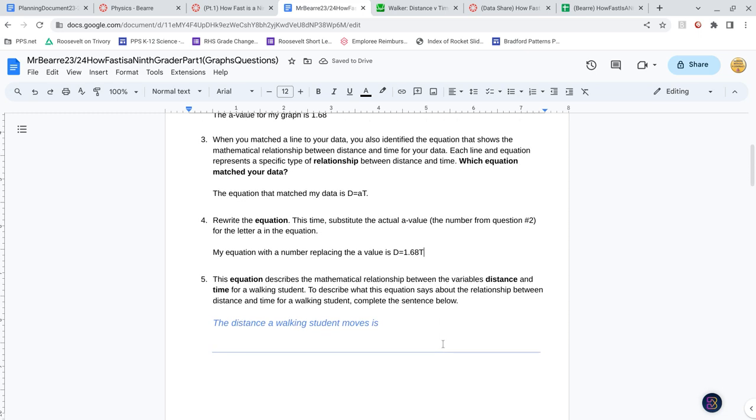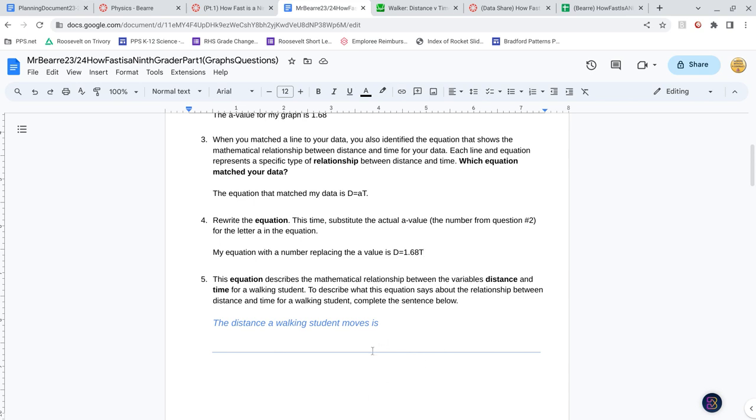And then the distance, this is a really awkward one, but you're going to have to do this. The equation describes the mathematical relationship between the variables distance and time for a walking student. To describe what this equation says about the relationship between distance and time for a walking student, complete the sentence below.